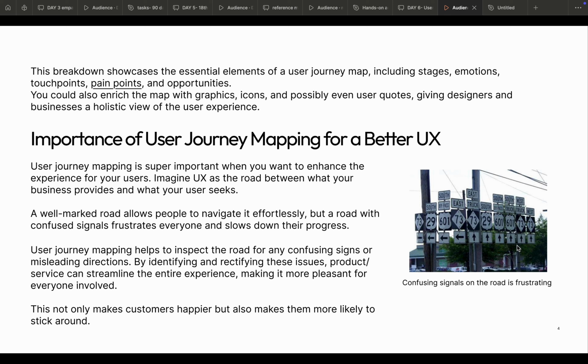In this user journey mapping, we will be identifying and rectifying the issues which the users are facing with their experience. So what kind of experience they are facing in the app, we'll just list down. This is not only going to make the customers happy, but it is also likely for the customers to stick to the product.